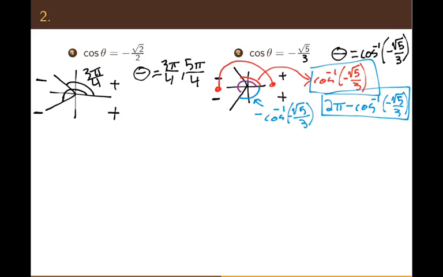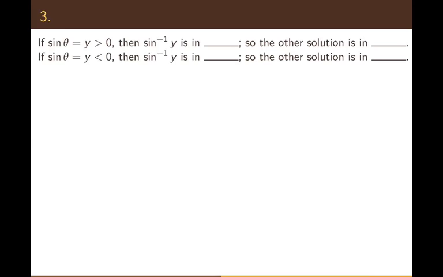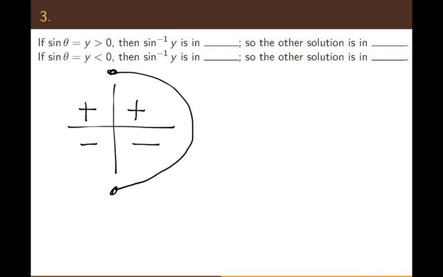Make sense? Okay, so let's go ahead and look at problem 3. If sine is a number that is positive, remember, sine is positive on the top half and negative on the bottom half. Then sine inverse is going to reside in its range, and that's what I drew.